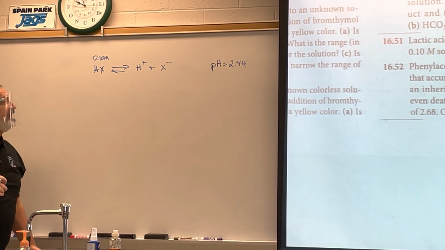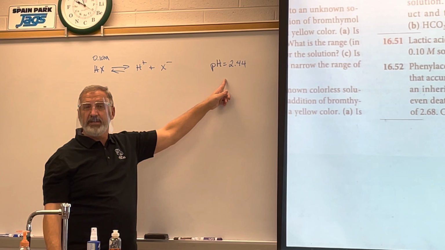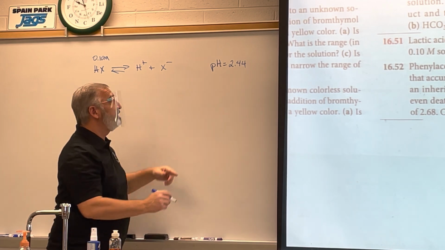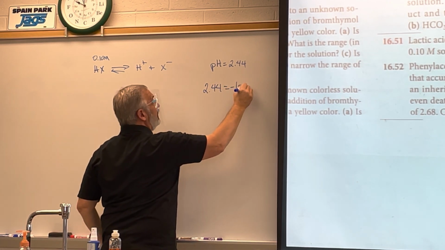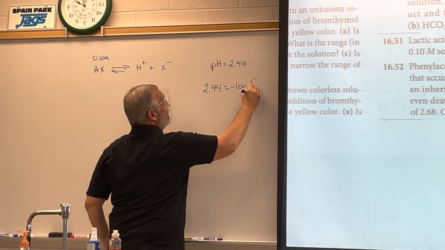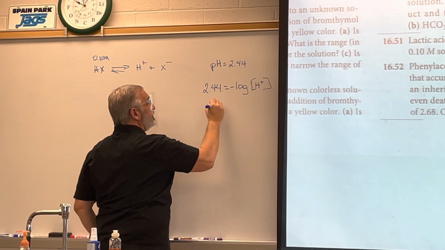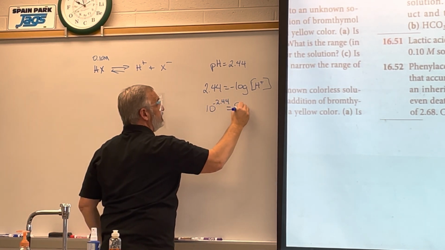So what does the pH tell me? If I'm given the pH, what is that really telling me? The concentration of my H plus, right? Because I can say that 2.44 is equal to the negative log of H plus. So I then go 10 to the negative 2.44 is equal to H plus.